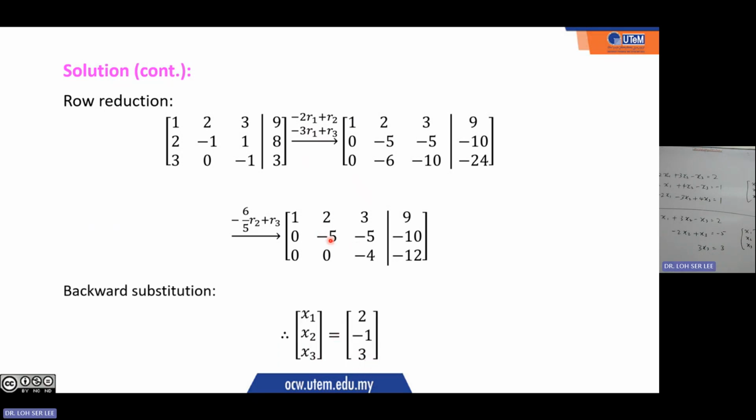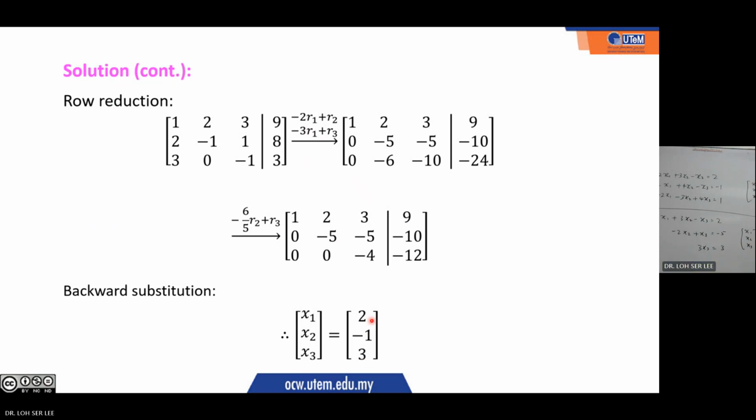Then -5 x2 minus 5 x3 equals to -10. Substitute your x3, solve for your x2. Your x2 is -1. Okay, and this one is 1x1 plus 2x2 plus 3x3 equals to 9. Okay, substitute the x2 and x3 that you obtained, solve for x1.